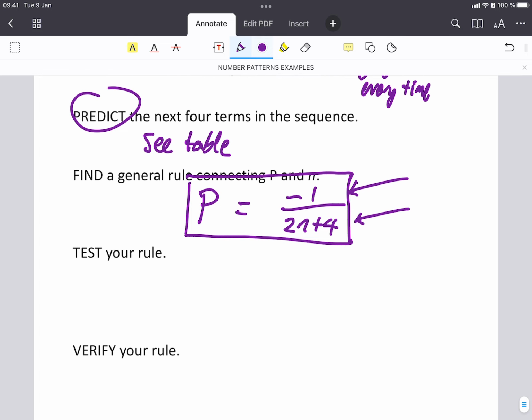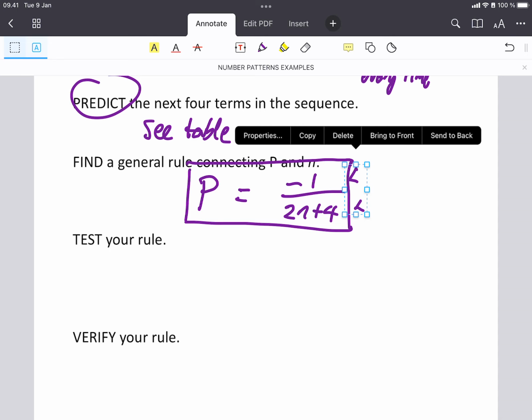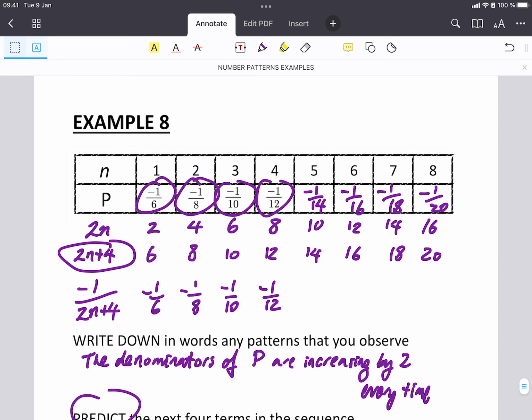Okay, so testing and verifying is, as it always was, making sure that your rule works and matches the numbers in the table. And as always, testing is doing it for the numbers at the bottom end of the table, where they've given you both the n and, in this case, the p.